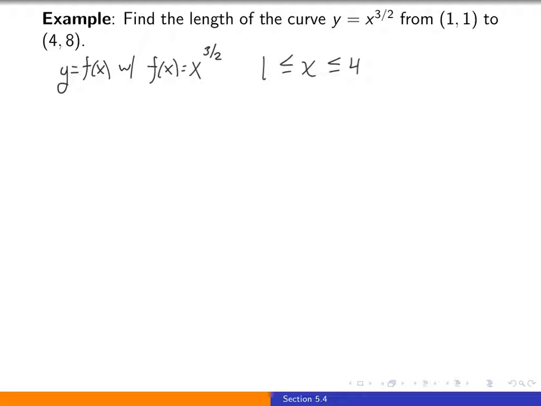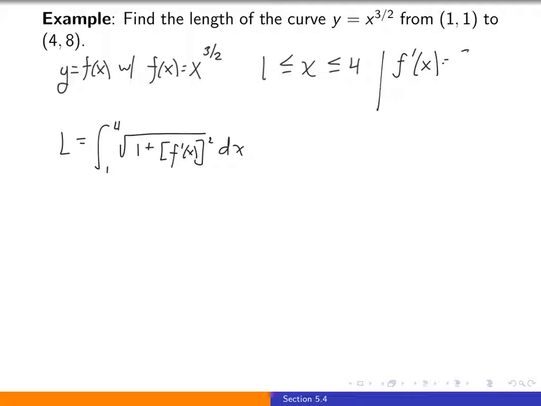So in terms of the formula that we are going to use, the length of this curve is going to be the definite integral over how the x values vary, and we need to integrate the square root of 1 plus f prime x squared. So we just need to fill in the blank here in terms of what is f prime x squared. So f prime x is 3/2 x to the 1/2.